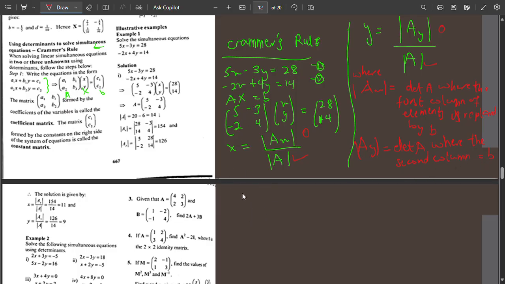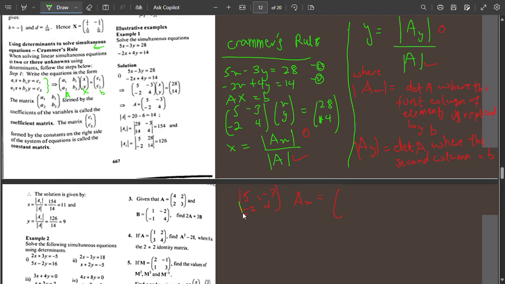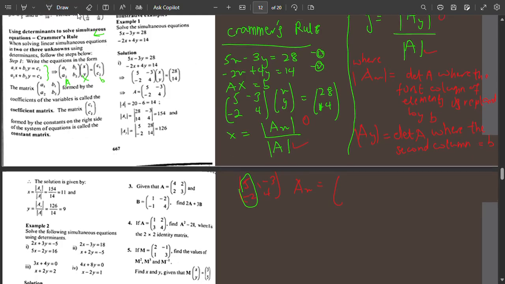So let's take this A. A is 5, minus 3, minus 2, and 4. Ax is equal to, this is the first column. When we replace the first column of elements by B, that forms Ax.